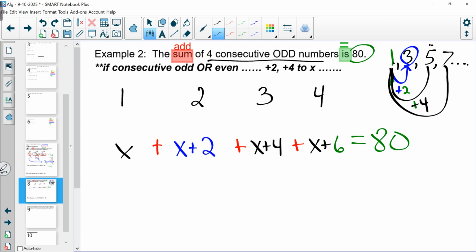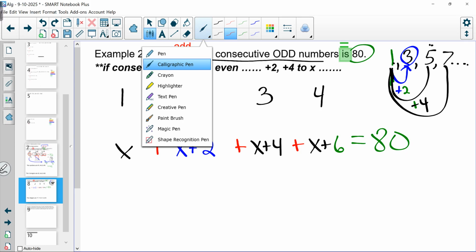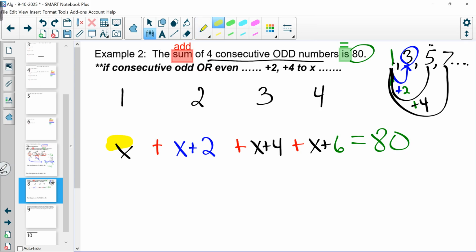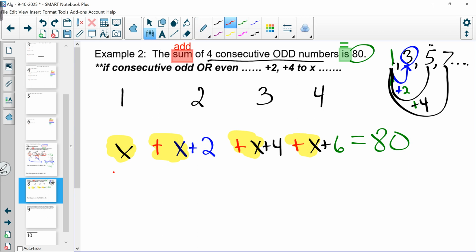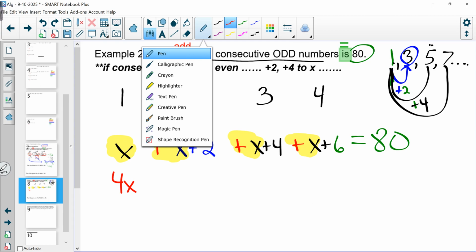Okay? So now at this time, I'm going to go get my highlighter out. X plus what? X plus X. So 1, 2, 3, 4 X's. Sweet. Now, let me go get my other highlighter out.